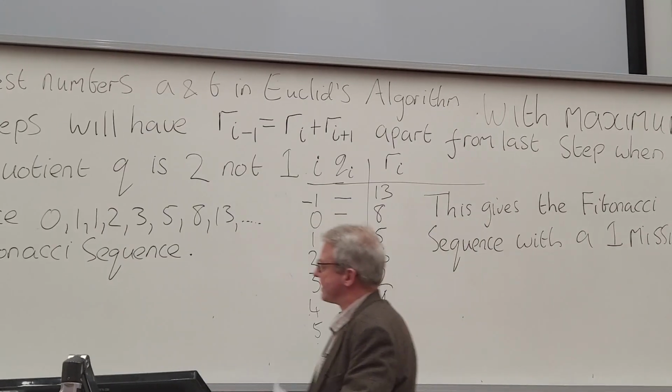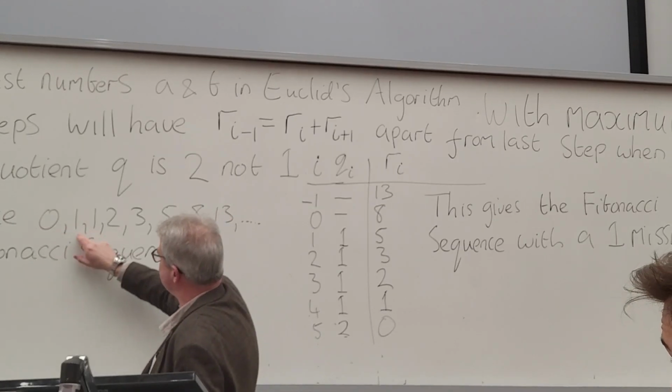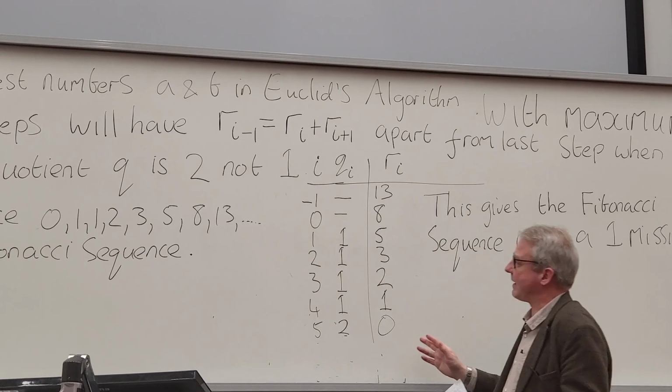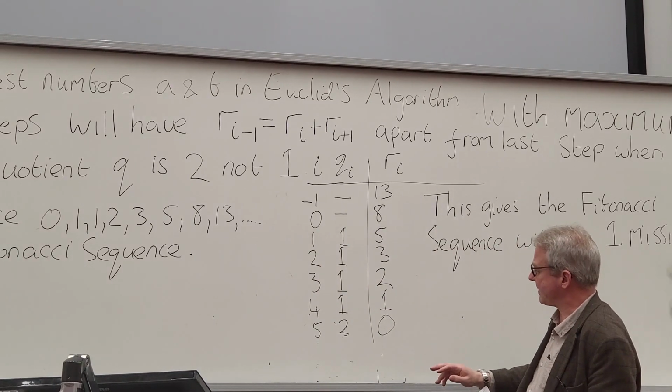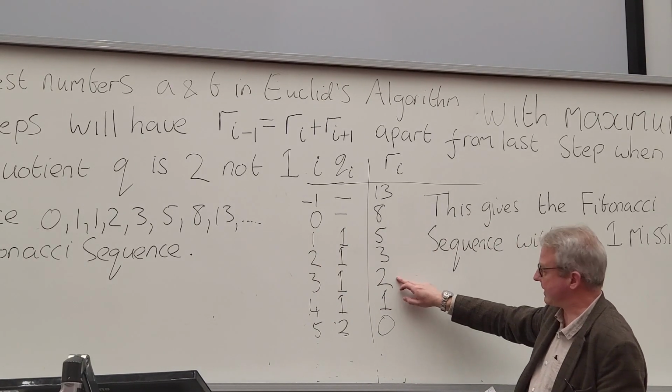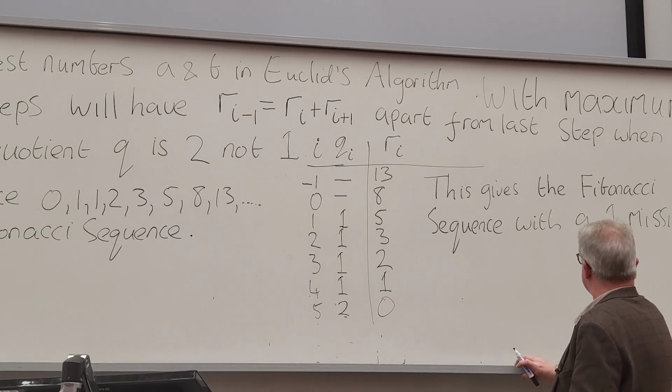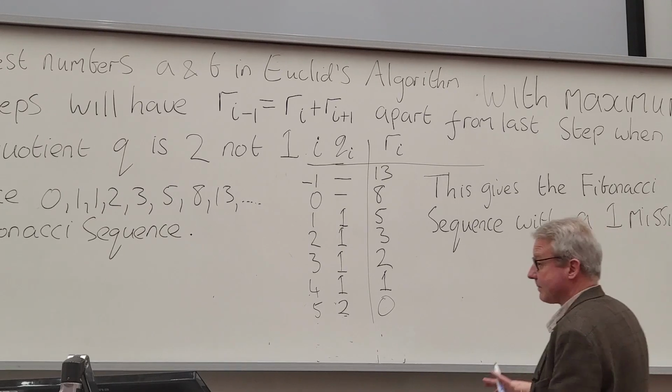So in the Fibonacci sequence, 0 plus 1 is 1, 1 plus 1 is 2, 1 plus 2 is 3. But at the last step, you get a whole multiple, so 0 plus 1 does not equal 2. So with a 1 missing.